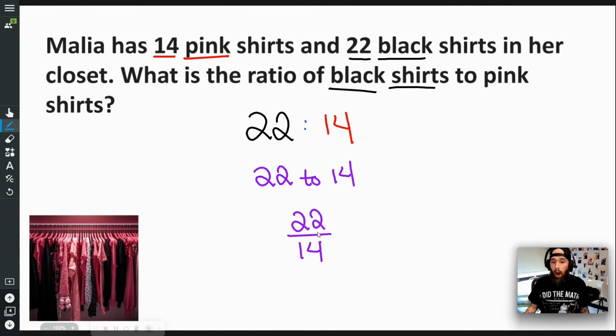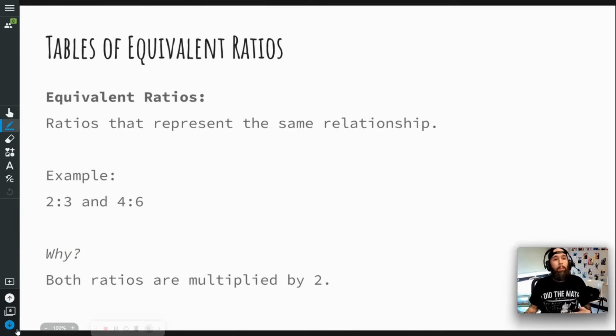That's true. I could write it as 11 over 7 if I divide the numerator and the denominator by 2. So 22 to 14 is the same thing as 11 to 7. They're the same relationship using different numbers.